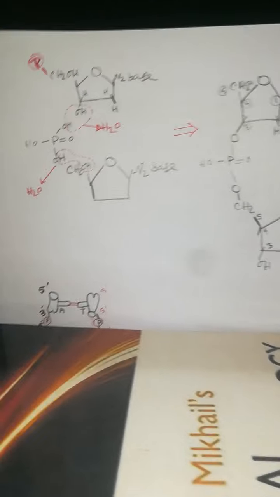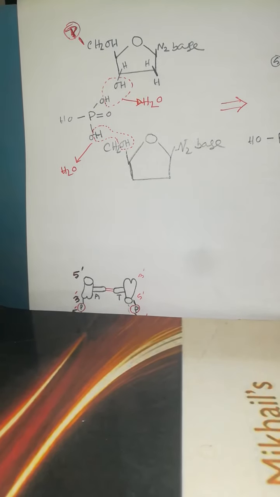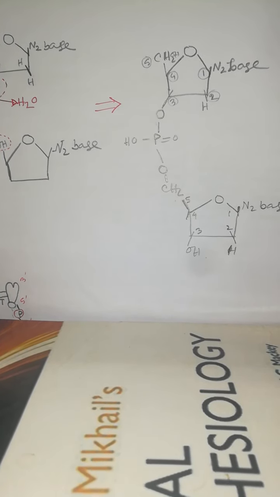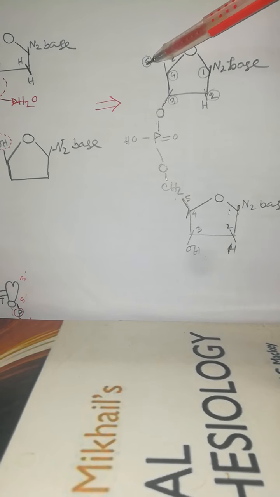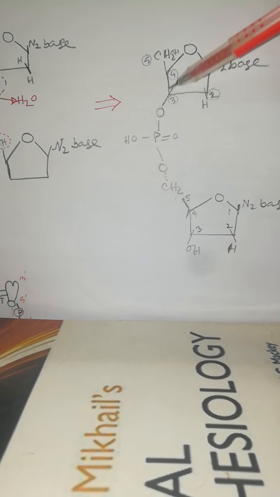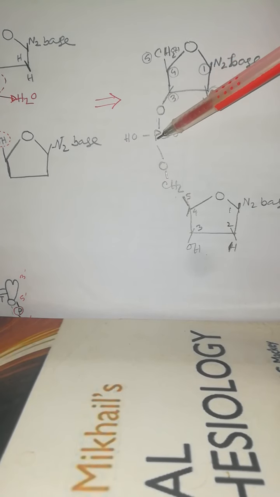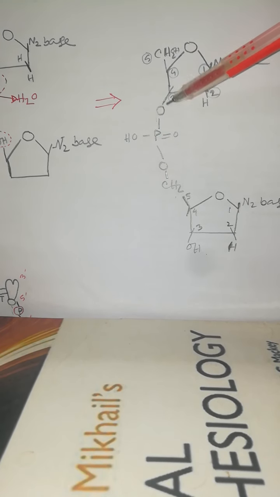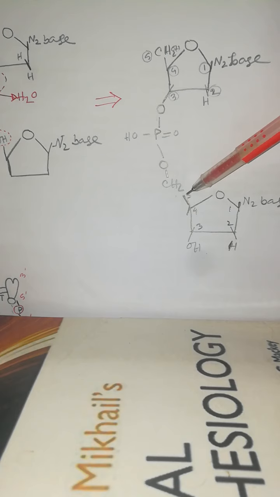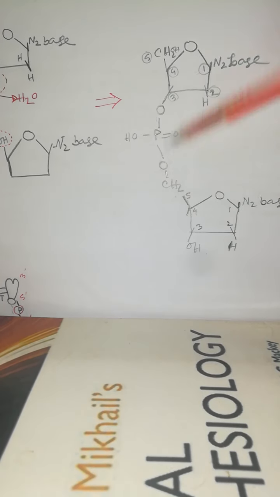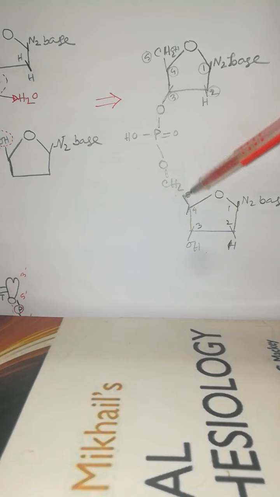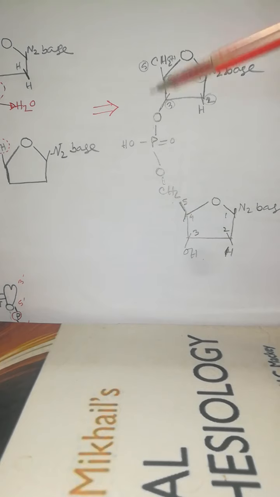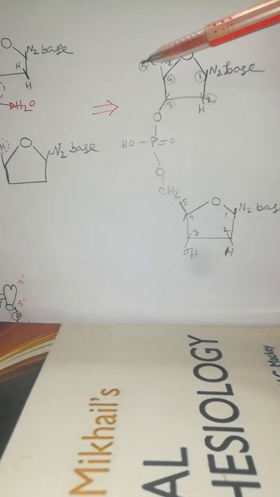Here, you follow the direction of the carbon numbers. This is the fifth carbon: 5, 4, 3. This phosphate and this ester bond are formed at the third carbon, and this ester bond is formed at the fifth carbon. So the direction of the reaction is 3 to 5 prime, but chain elongation, or polymerization, occurs 5 to 3 prime.